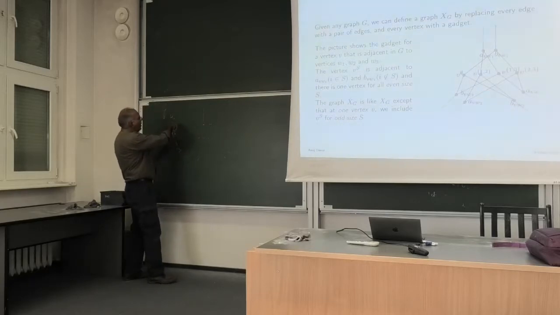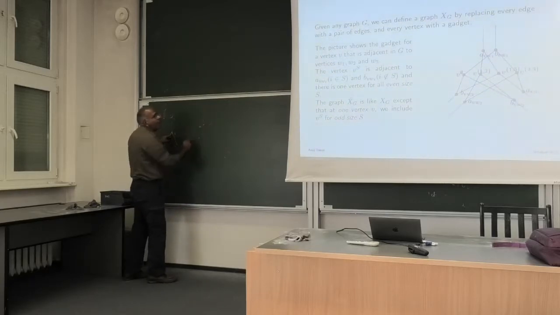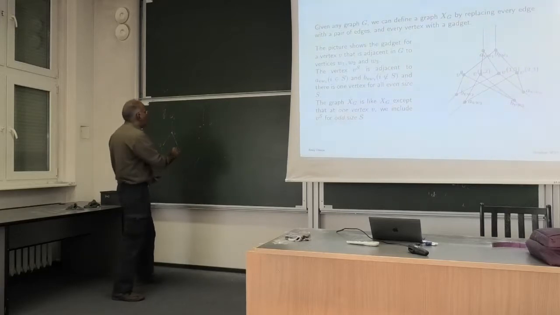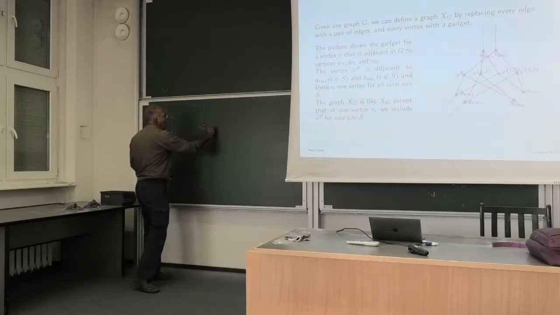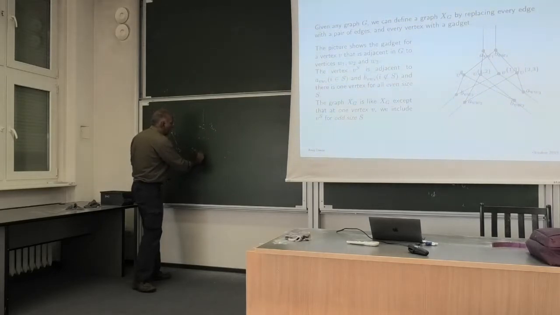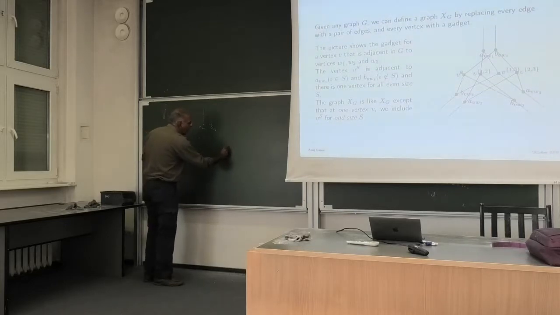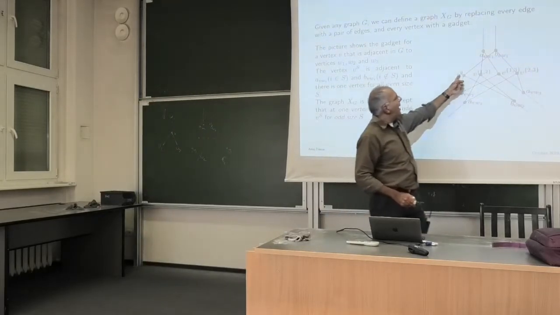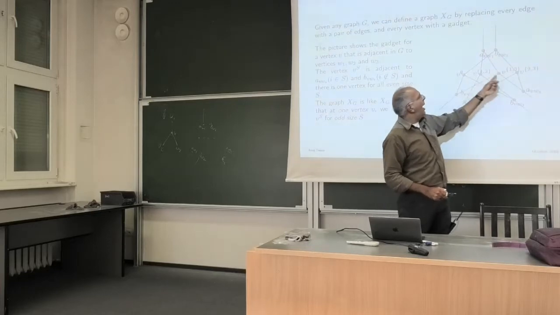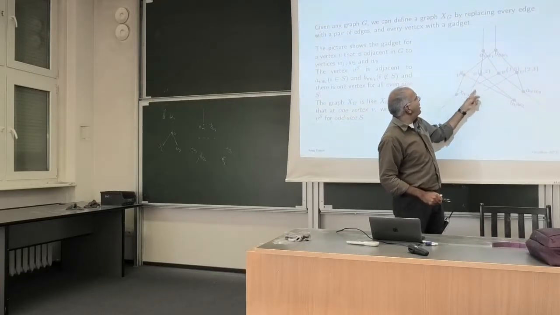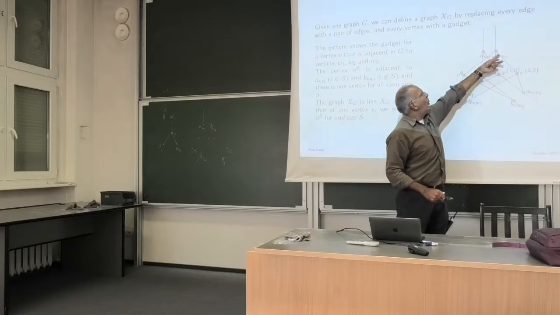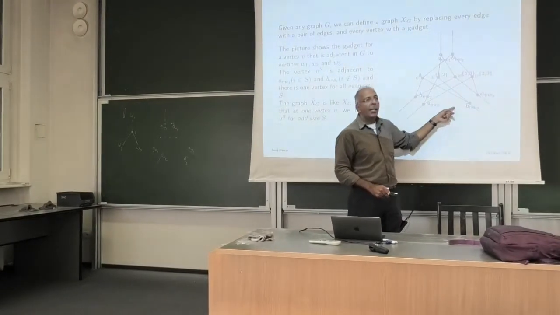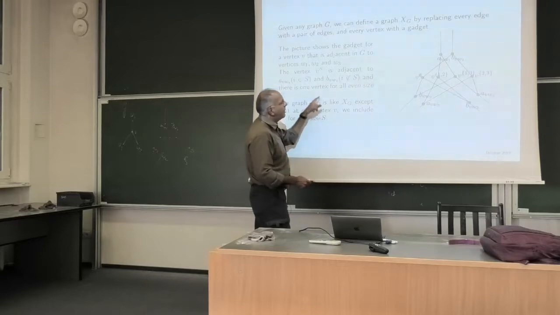And so each edge has been replaced with these two, and so I call this A W1 and B W1, and there's an A W2 and a B W2, etc., and an A W3 and a B W3. Okay? For each even-sized subset of 1, 2, 3, I have a vertex in the middle, and each of these is connected to one of each pair, and which ones it's connected to is given by the subset.